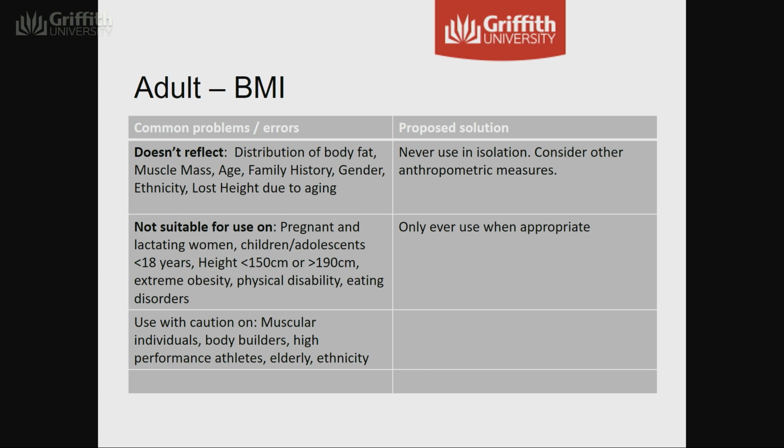And people who are short or very tall may have a disproportionate BMI just based on their height change. So we suggest that you use it with caution in environments where people are highly muscularized, high performance athletes, elderly individuals, and ethnically diverse groups whose populations may not be well classified in those criteria.